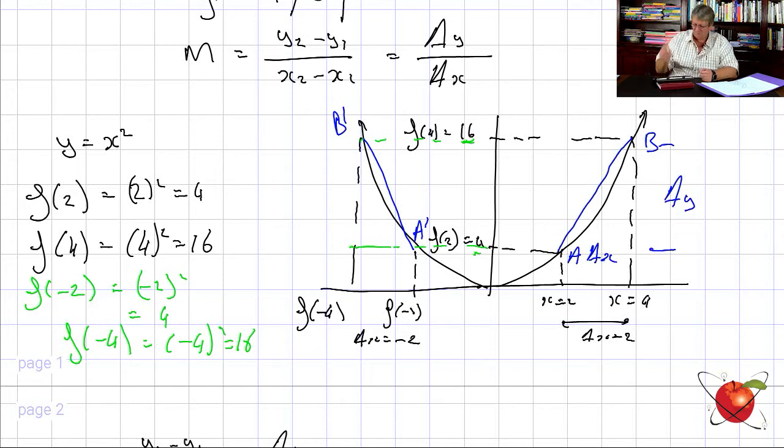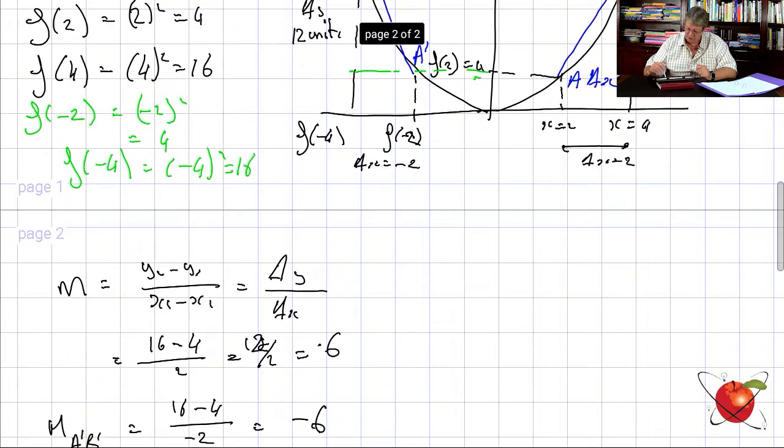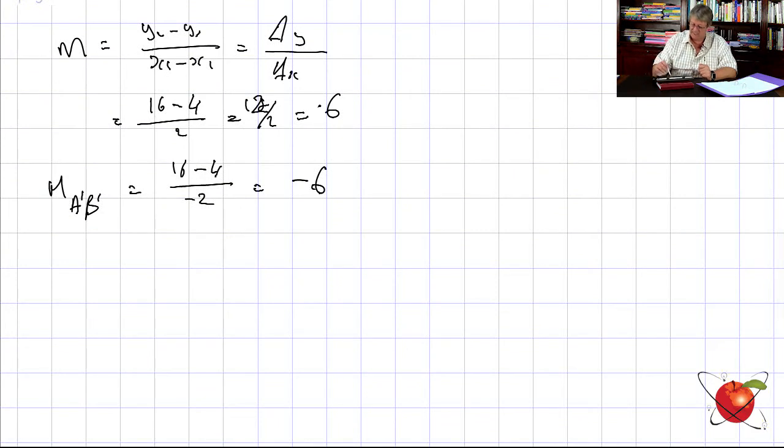Therefore, my delta x is that, and my delta y over here was equal to 16 minus 4, which is equal to 12 units up. So that's where I got those numbers from. So we've got 6 and minus 6.